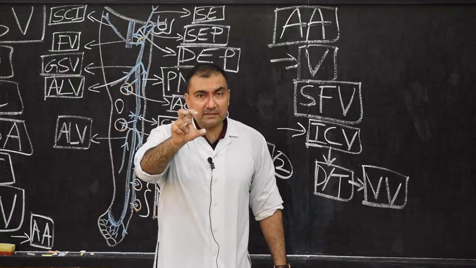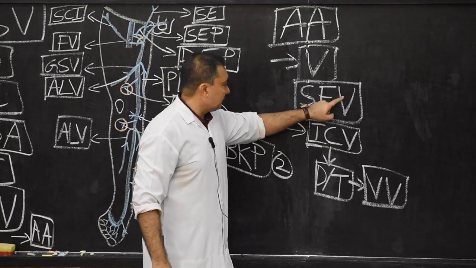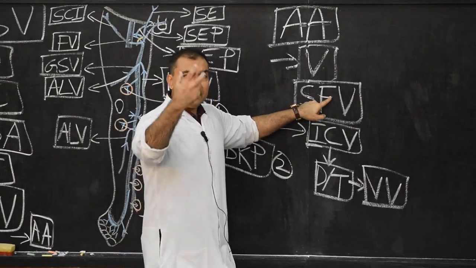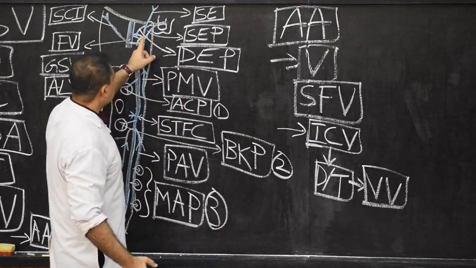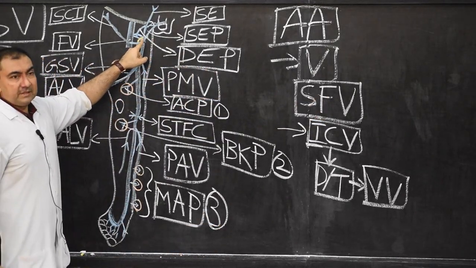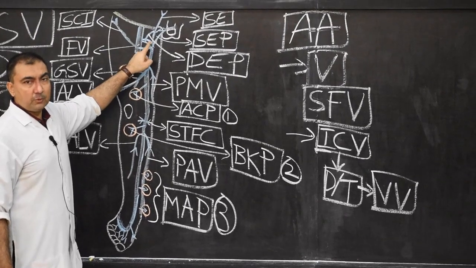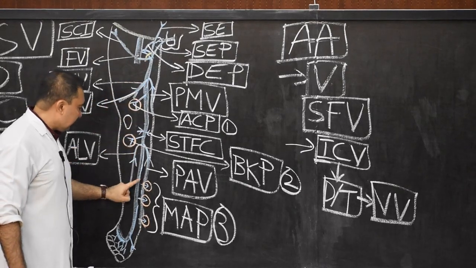If the saphenofemoral valve is incompetent, the entire vein below the saphenofemoral valve, just before the great saphenous vein opens into the femoral vein, will be dilated and tortuous.